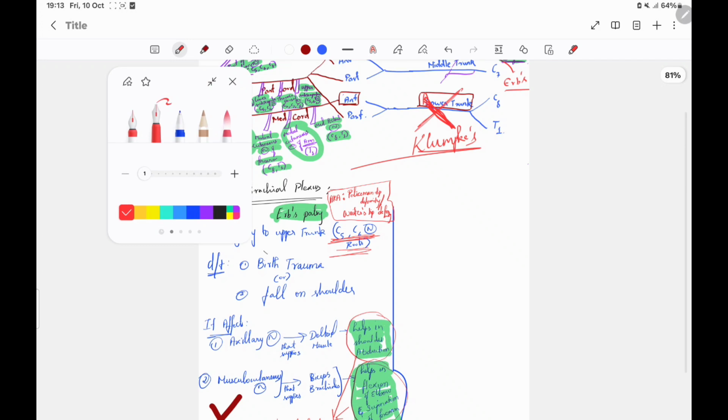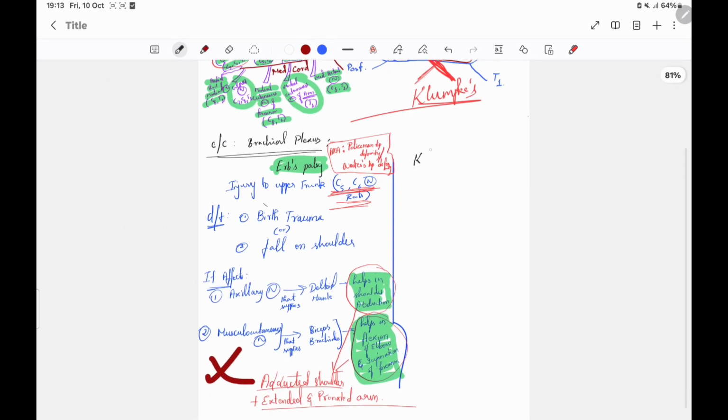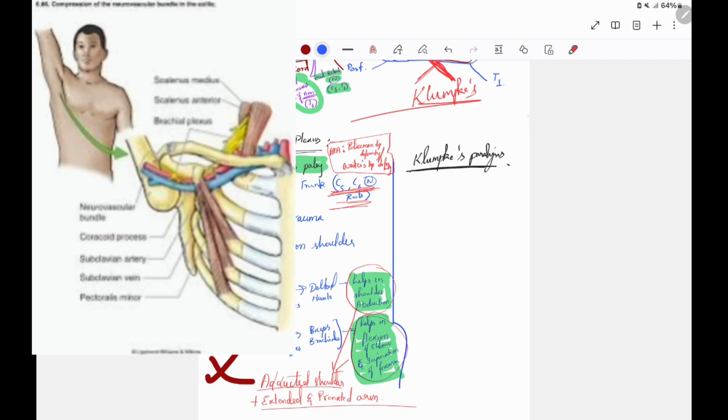So let's learn about Klumpke's palsy or Klumpke's paralysis. As you know, it's due to injury of the lower trunk, C8, T1 nerve roots.